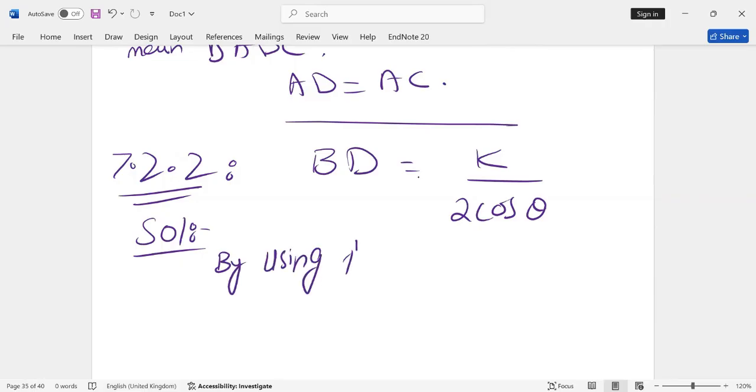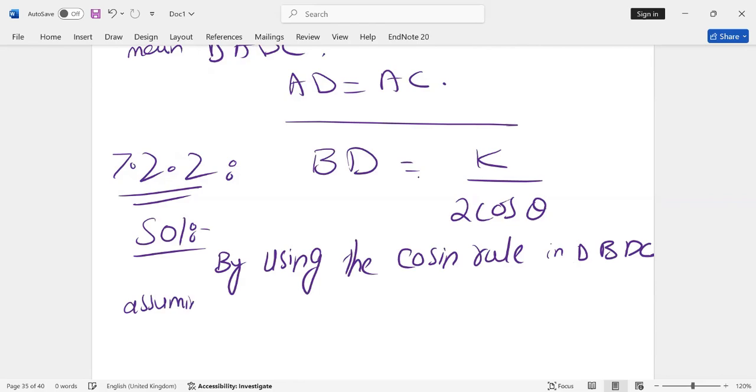Using the cosine rule in triangle BDC, assuming the base angles are theta, as we know.